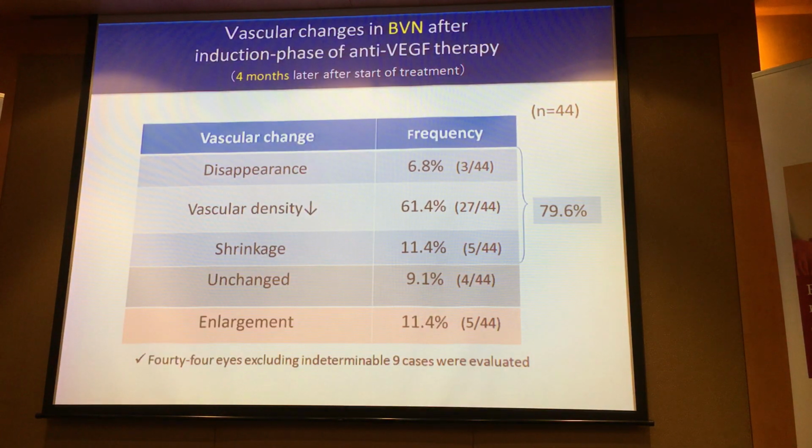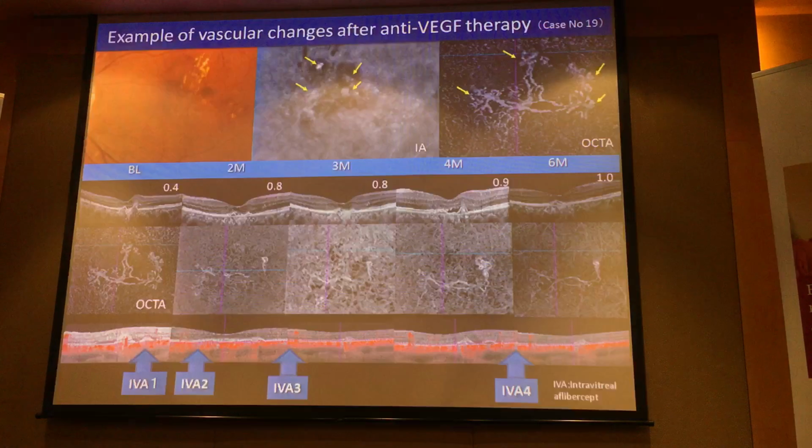And this shows the vascular change in BVN after the induction phase of anti-VEGF therapy. About 80% showed vascular regression in the BVN.